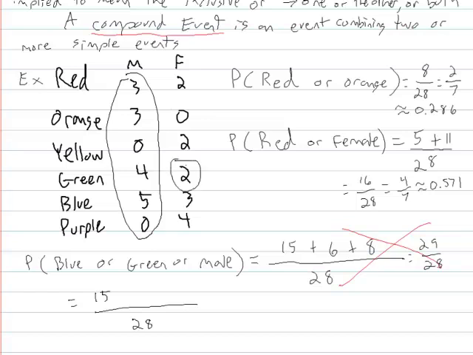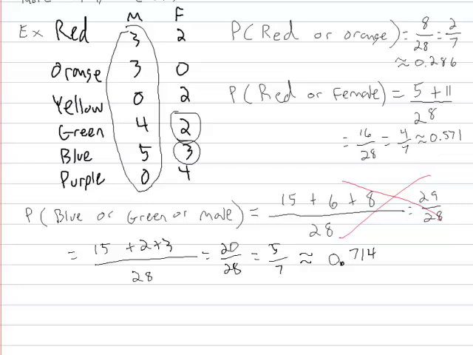Each of these 2 females who preferred green would be a success, and each of these 3 females who preferred blue would be a success. So 15 plus 2 plus 3 gives me 20 28ths, which simplifies to 5 sevenths, or approximately 0.714 as the probability.